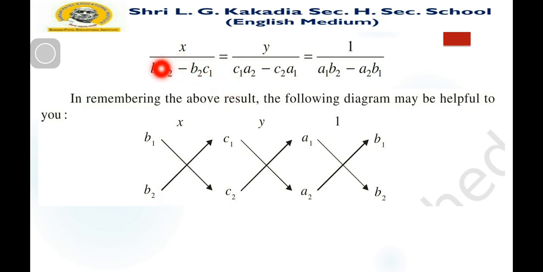First we put x upon b1 c2 minus b2 c1, is equal to y upon c1 a2 minus c2 a1, is equal to 1 upon a1 b2 minus a2 b1.